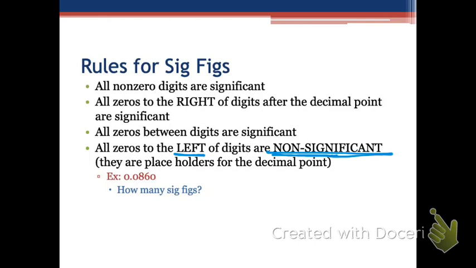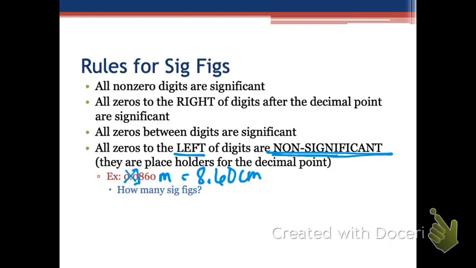Let's say this was measured in meters. If it was 0.0860 meters, I should just measure it in centimeters instead. I should just say it's 8.60 centimeters. I should just change my unit rather than have those zeros there, because they're not doing anything for me. They're just showing me how small the number is. So zeros to the left of digits before they start are non-significant.